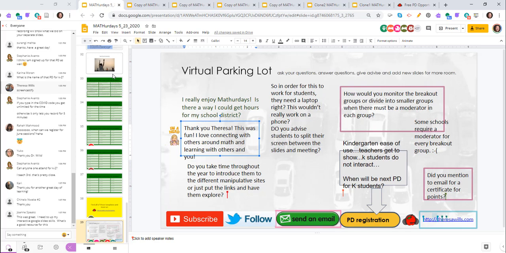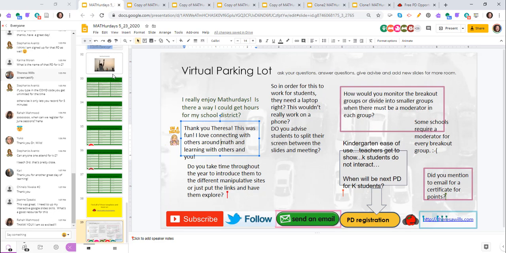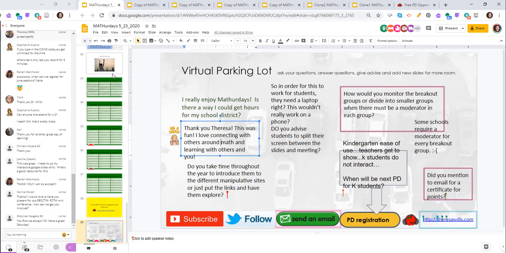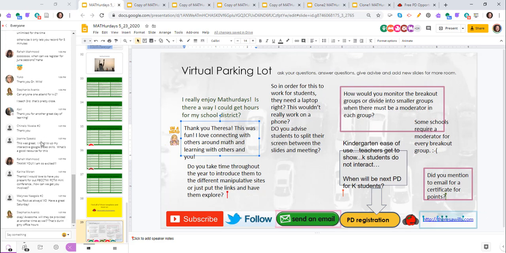When we talk about the different activities, we will talk about how they can interact, or how they work with K2 kiddos, knowing that K2 kiddos have dexterity and developmental milestones in terms of how to use a mouse, how to move something on the screen. So we get a little bit more into the development of the tasks and how they work. Karina, if you send me an email, I would love to be involved.